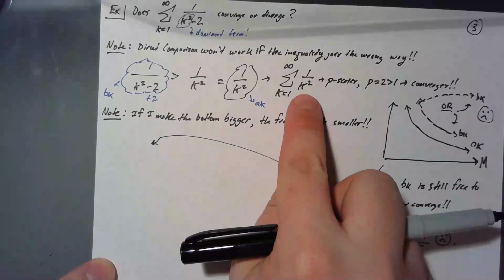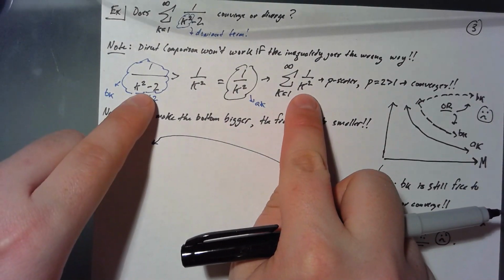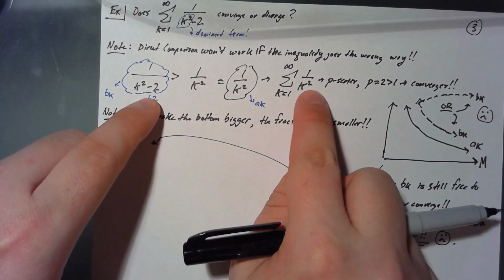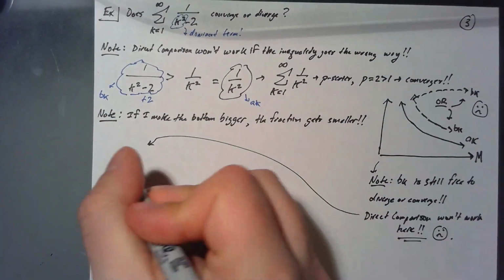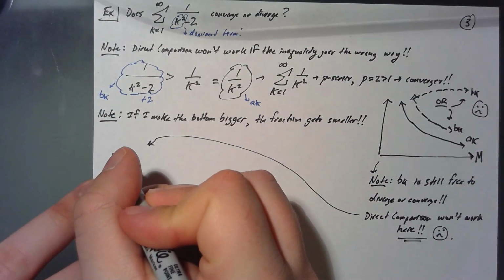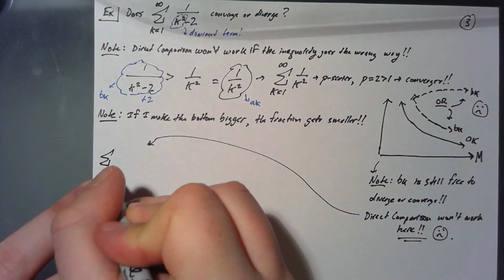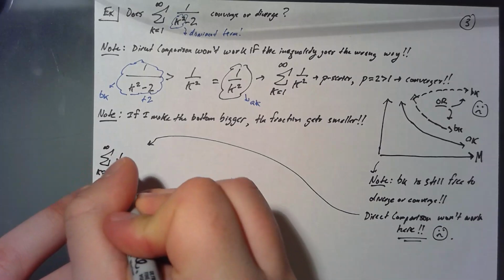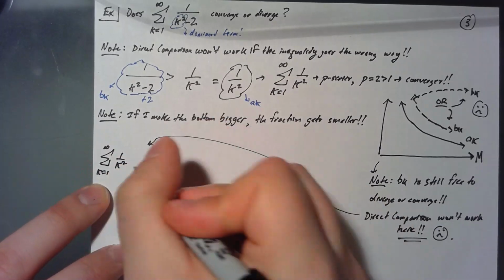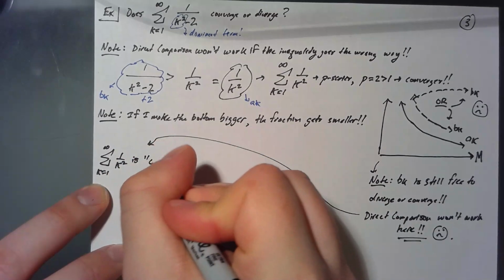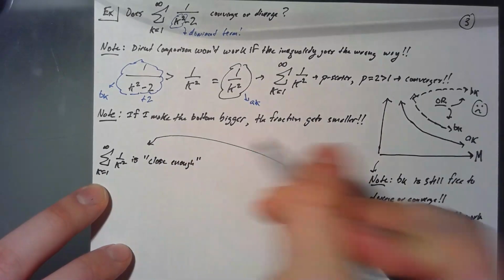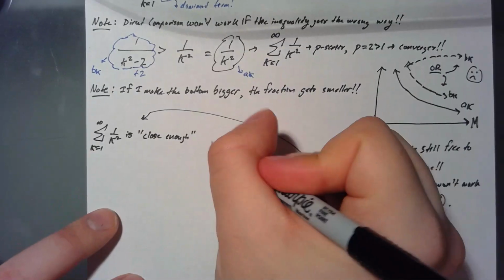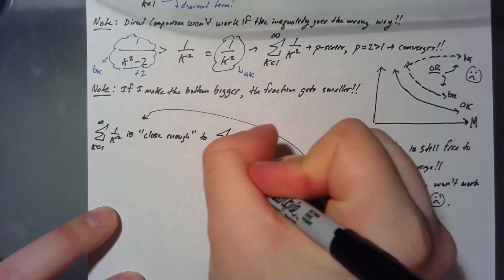How does this series compare to this? Well, if you look here, they're not off that much. They're just off by a value of 2. So what I could say here is that the series 1 over k squared is close enough to the series I started with.